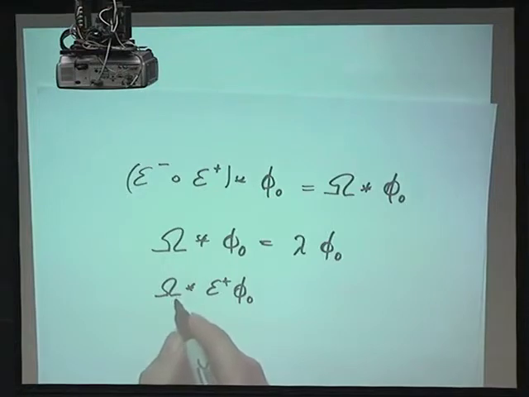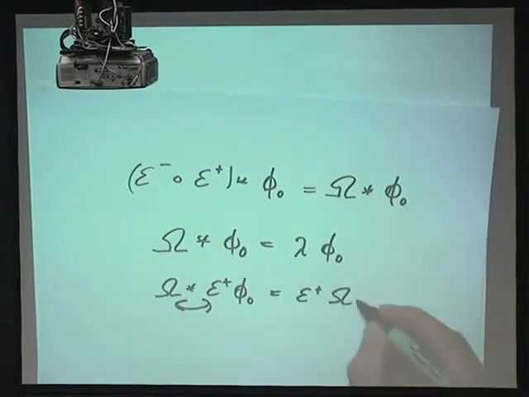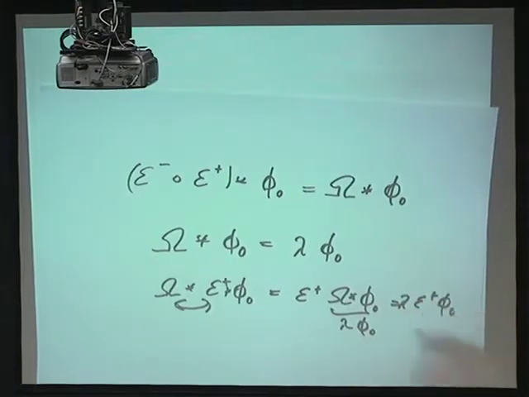It's also commuting with the first order differential operators. So it doesn't matter in which order you write this. So you have, this is equal to E plus Casimir phi 0. But that's lambda phi 0. So you get lambda E plus phi 0, which again up to the constant is phi 2. So I said it, but this is the formal reason. All the phi 2n's are eigenfunctions of the Laplace with the same eigenvalue. It's just because the Casimir is in the center. And this we will use.